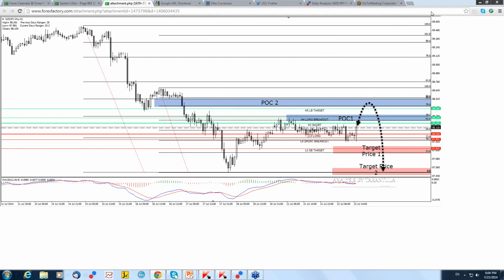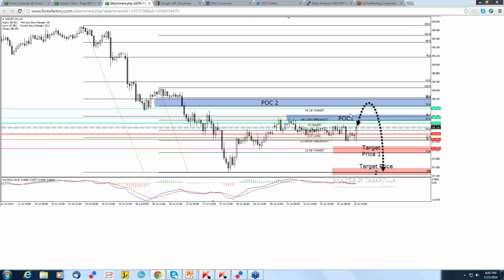When I post the analysis, I need to say this POC is a zone. This zone starts with this green line, which is H3, and the top is 88.25, which is actually 38.2.